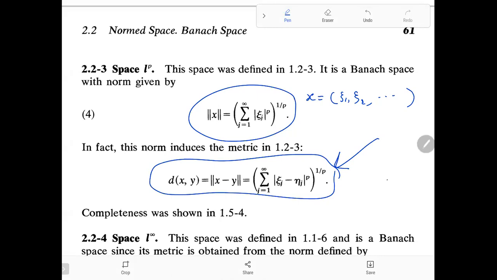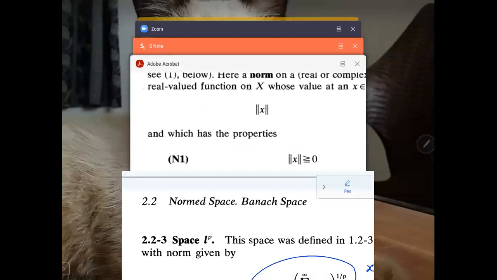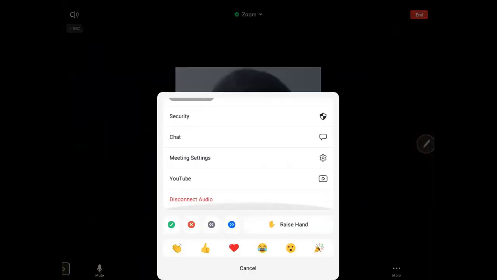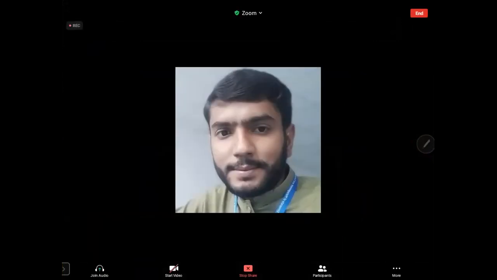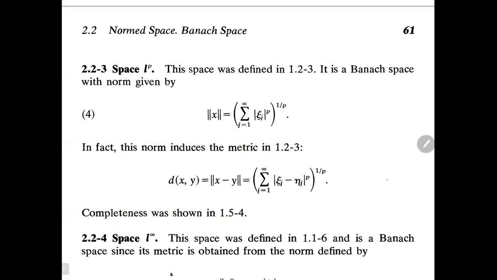Similarly, l infinity is a norm space. So x is a sequence xi1, xi2, up to so on.